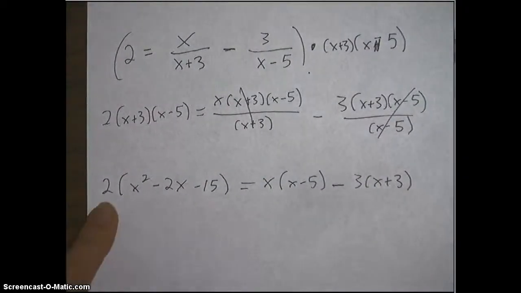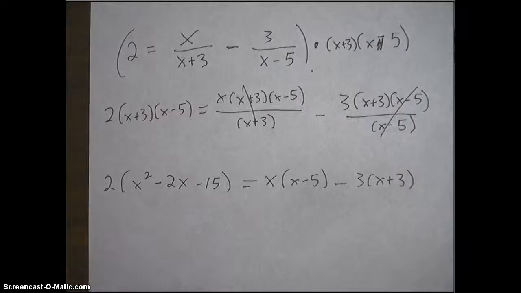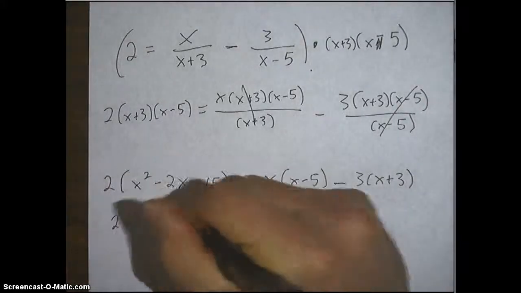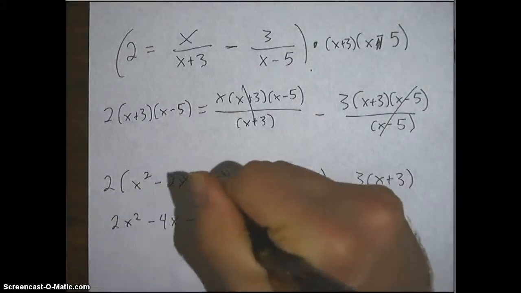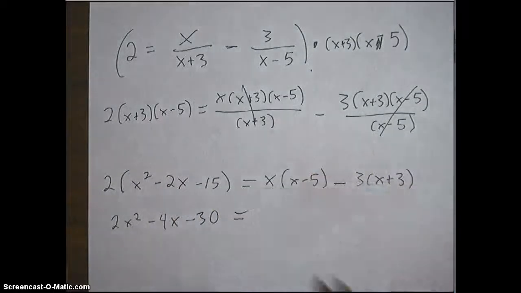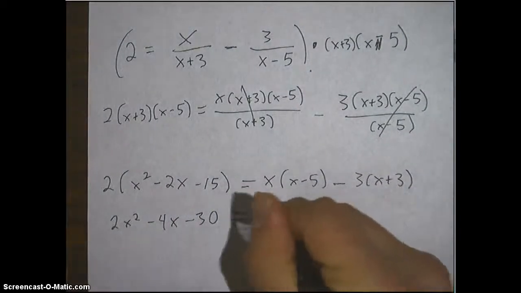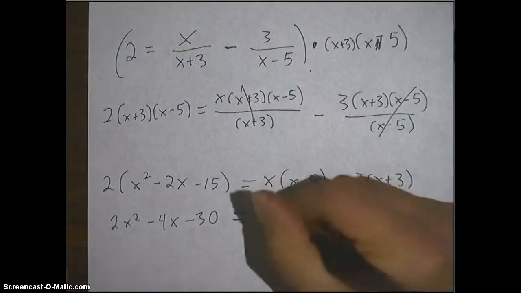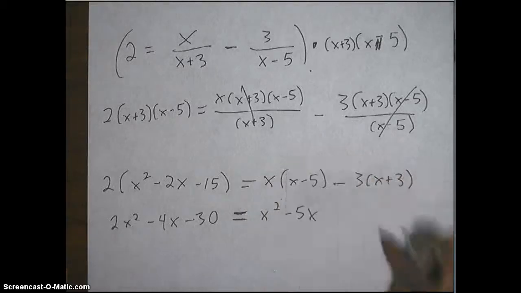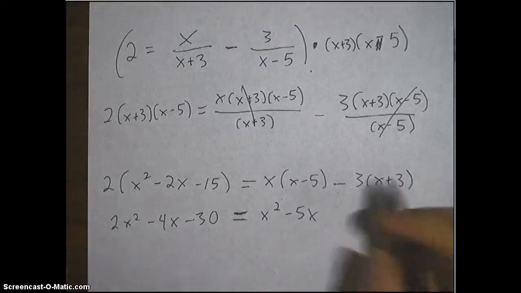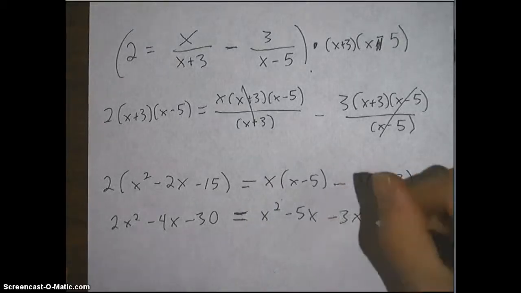I'm going to go ahead and distribute that 2 to give me 2x squared minus 4x minus 30 equals, distribute the x squared minus 5x, distribute the negative 3, negative 3x minus 9.